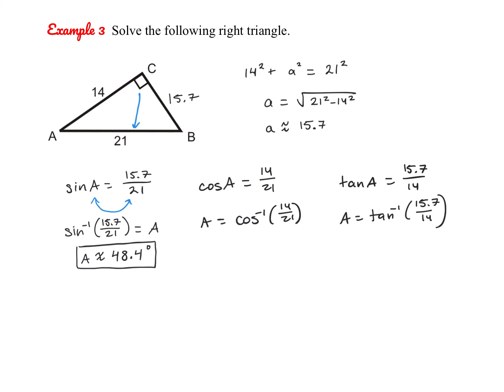So now that we know one of the angles, we could use that the sum of the three angles needs to be 180. So we could do 180 minus 48.4 minus 90 equals angle B. So angle B should be 41.6.